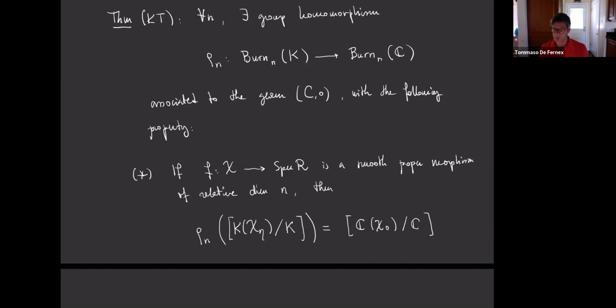But I want these things defined in general. So there are situations in which maybe there is no smooth degeneration of a given model over the generic point. So I want to define this map.